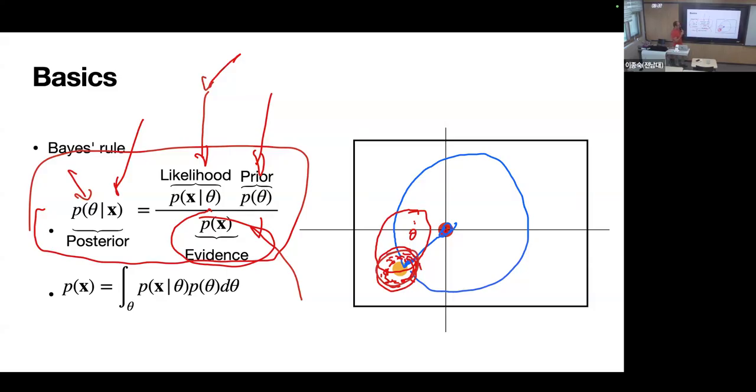So that is the basic rule of Bayes rule in a really simple concept, but this has profound consequences for how we do data analysis. And just to change the idea, let us assume that the table is not flat. Let's say that we have a bowl in a shape like this.